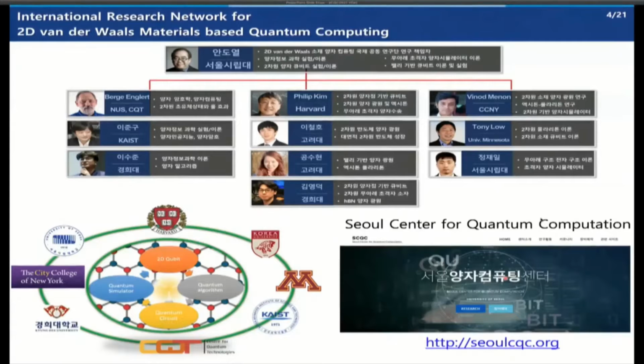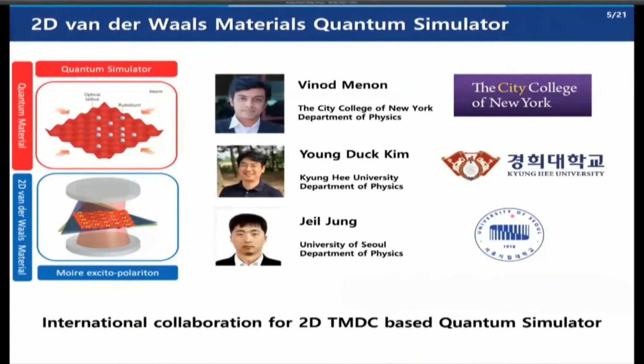One of our teams, including Bino Menon, me, and Jae Jung, proposed developing a 2D semiconductor with twisted Moire variety. This material is embedded in a strongly coupled cavity mode, so it may be possible to develop a solid state quantum simulator.